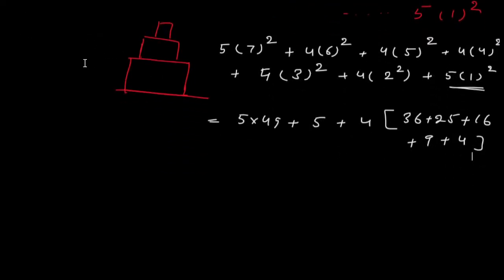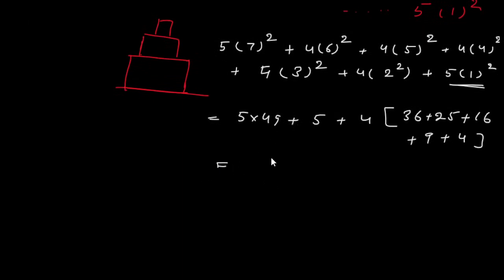Okay, so let us see what this addition is. 5 9s are 45, 4 5s are 20, 24, so 245 plus 5, plus I have 4 times. Now here if I add 9 plus 4 is 13, 13 plus 6 is 19, 19 plus 1 is 20, 24, 24 plus 6 is 30, then 3 plus 3 is 6, 6 plus 2 is 8, 8 plus 1 is 9, 90, so 4 times 90.